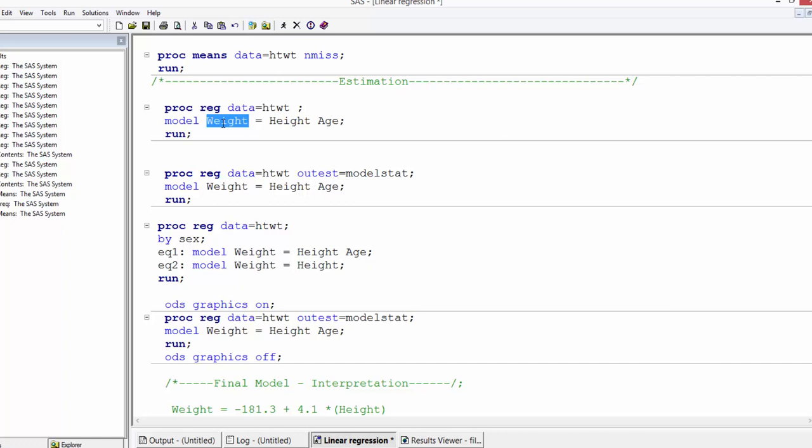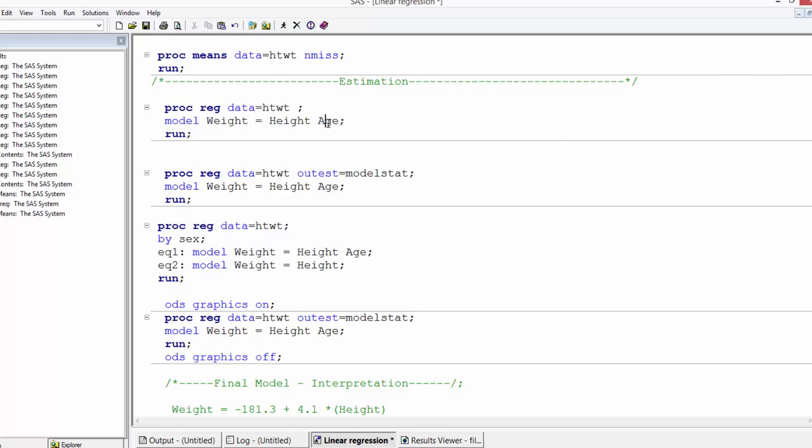So that's one thing. The second thing that we are trying to find here is how weight is related to height of an individual, and how weight of an individual is related to the age of the individual.